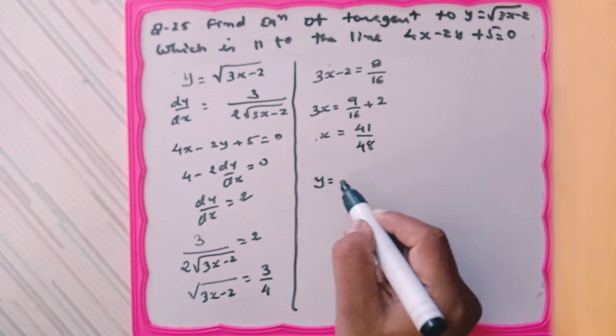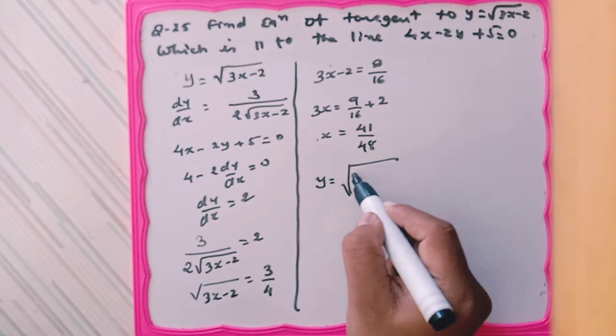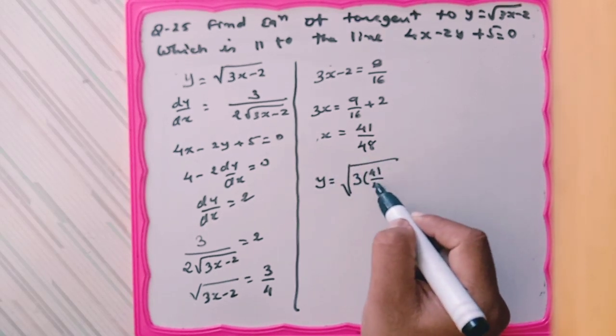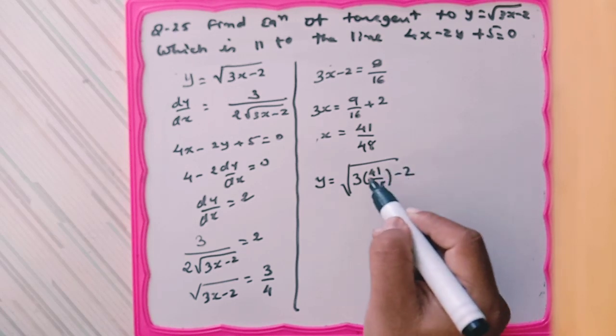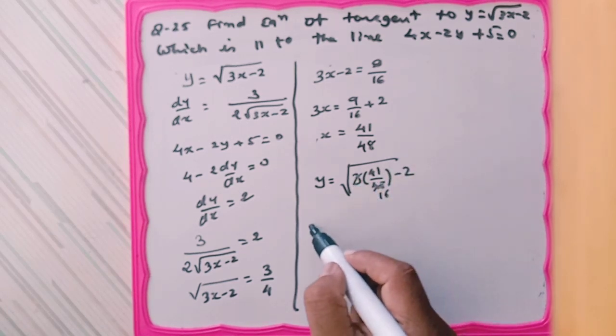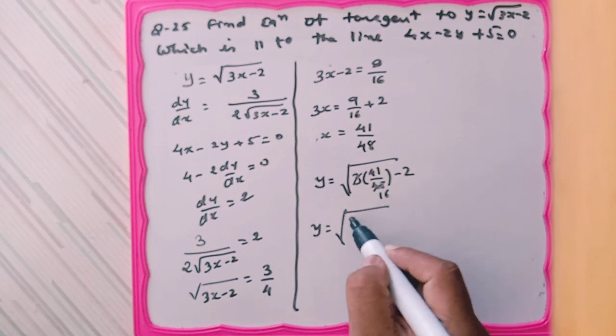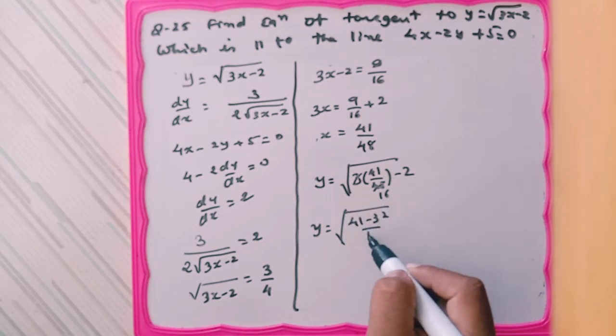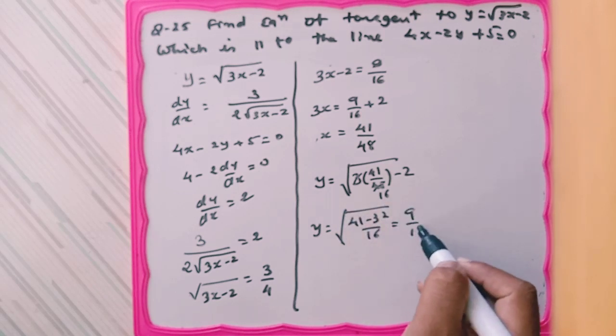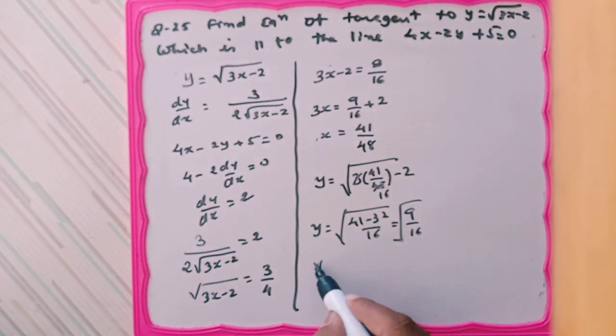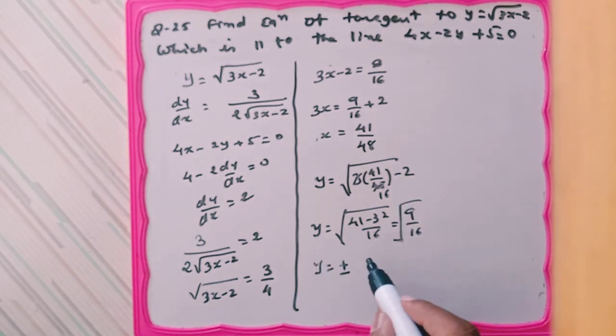Then y equals 3 into 41 by 48 minus 2, so y equals (41 − 32) by 16, which is 9 by 16 under root. So y equals plus or minus 3 by 4.